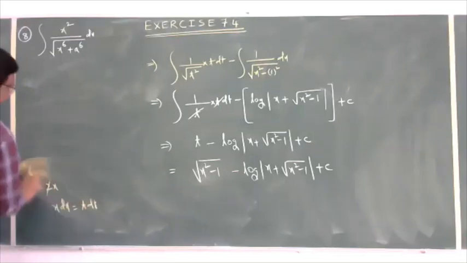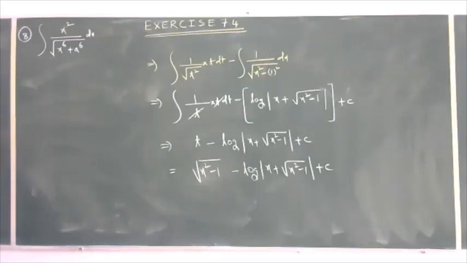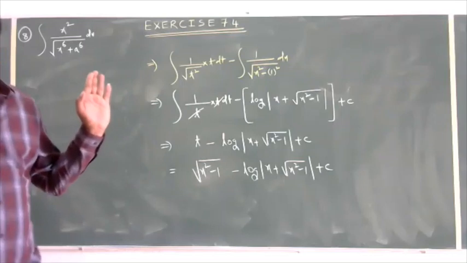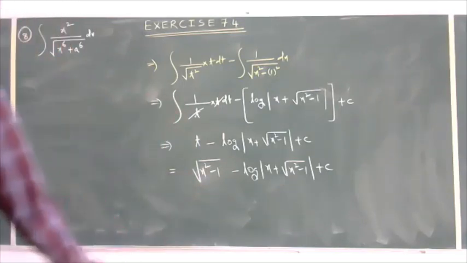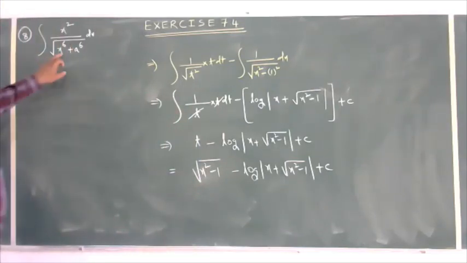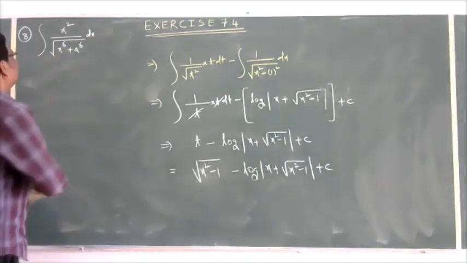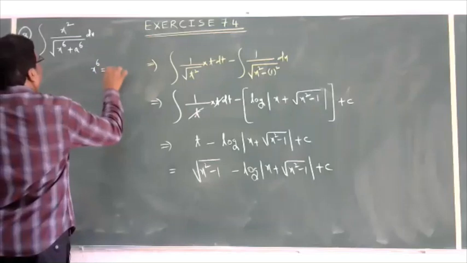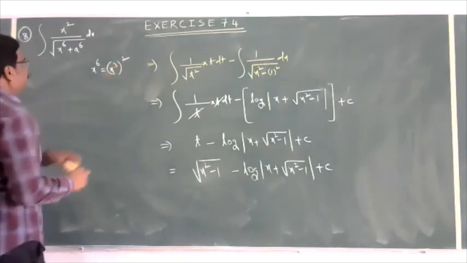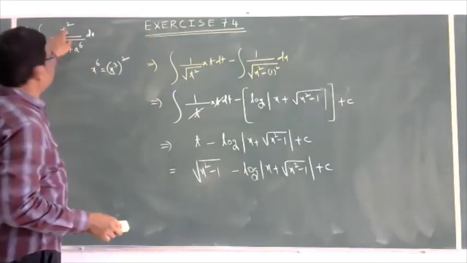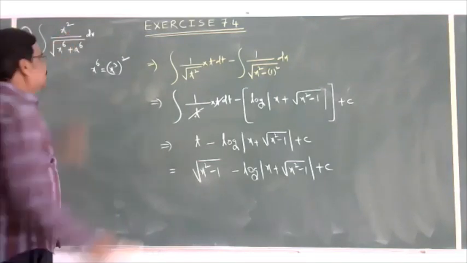So here in the numerator x power 2 is given. In the denominator root of x power 6 is given. That's why this x power 6 is x cube whole square. Then derivative of x cube is 3x square. You get x square.